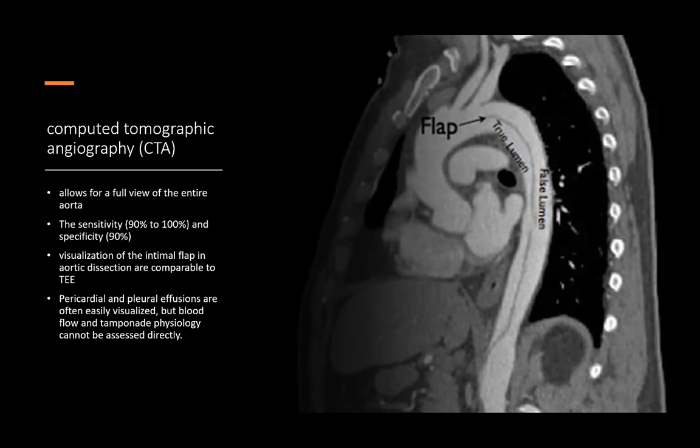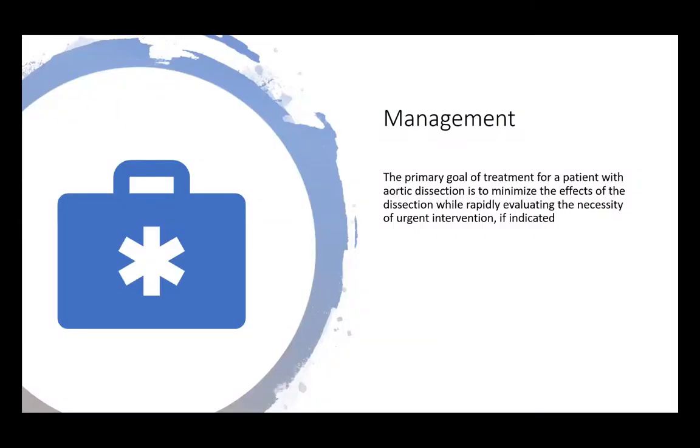Pericardial and pleural effusions are often easily visualized, but blood flow and tamponade physiology cannot be assessed directly with the CTA. Also, you can have a dynamic CTA, but it is usually not done due to the very high radiation dose and the need for high doses of contrast.